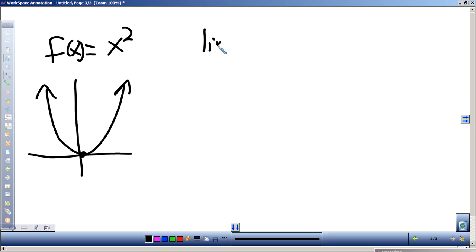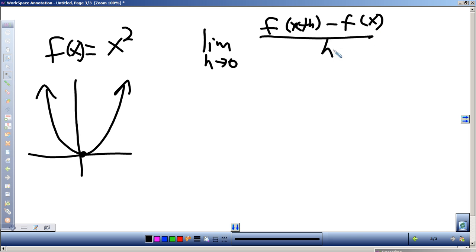So again, the limit as h goes to 0 of f of x plus h minus f of x all over h is our base function for slope. So now to plug it in, we have the limit as h goes to 0. f of x plus h means what?